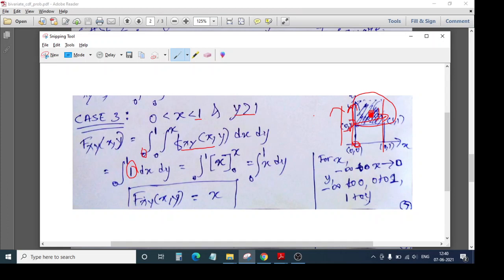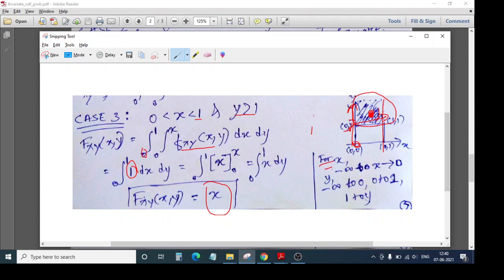And when you integrate dy from 0 to 1, we get y from 0 to 1, and when you put the limits, the answer is 1. So we have put the limits and got the answer as x. Please observe here, friends, how to split the value is very important in these problems.